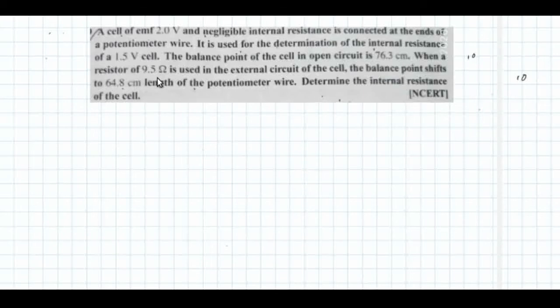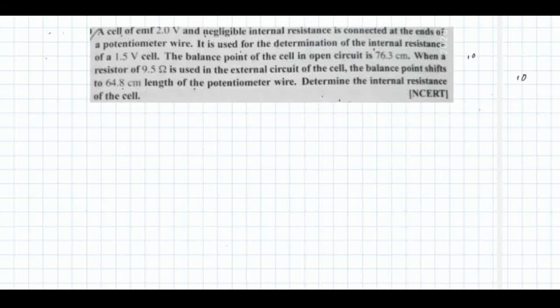When a resistor of 9.5 ohm is used in the external circuit of the cell, the balance point shifts to 64.8 centimeter length of the potentiometer wire. Determine the internal resistance of the cell. So to solve this problem, we should know the function of a potentiometer.